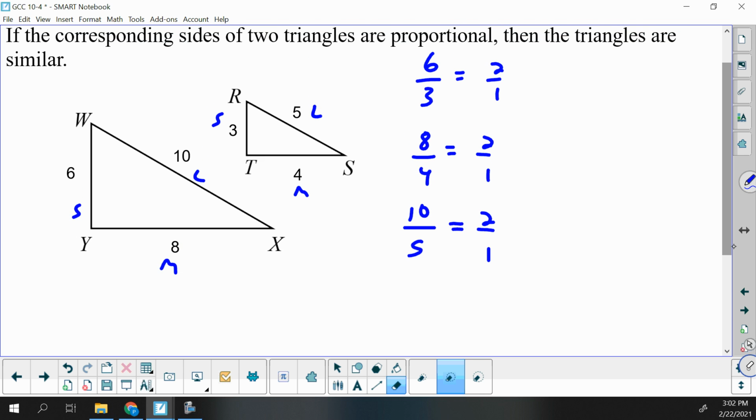Now, if we had to make our similarity statement, name the first one anything you want. So maybe we'll call it WYX is similar to triangle. W should match with R, and then T, and then S.